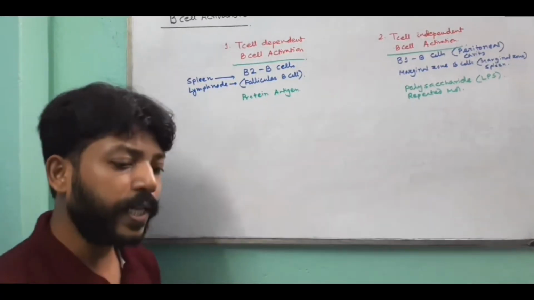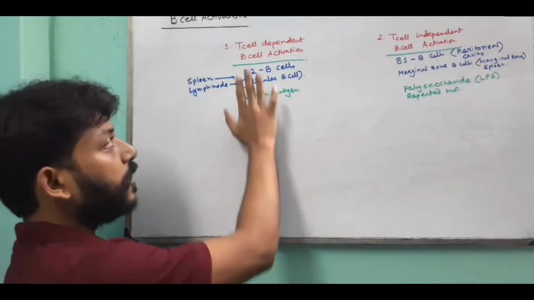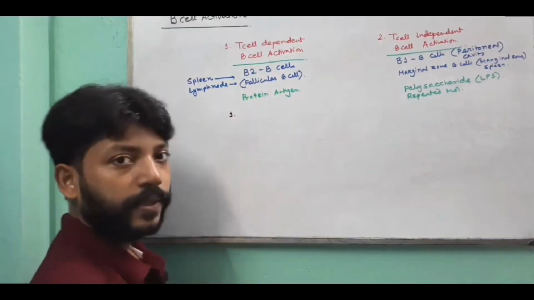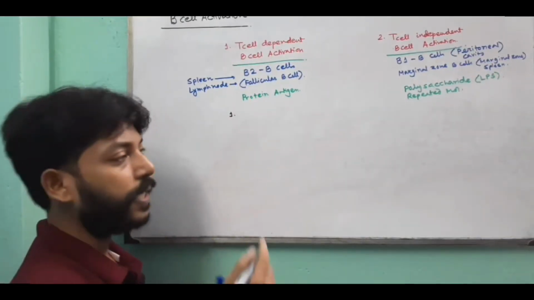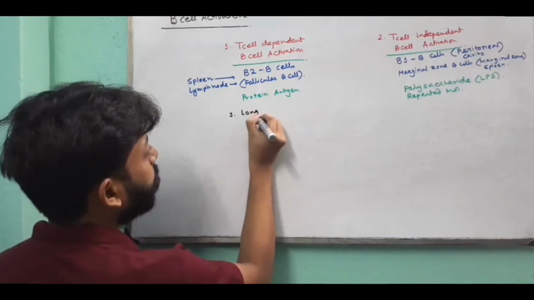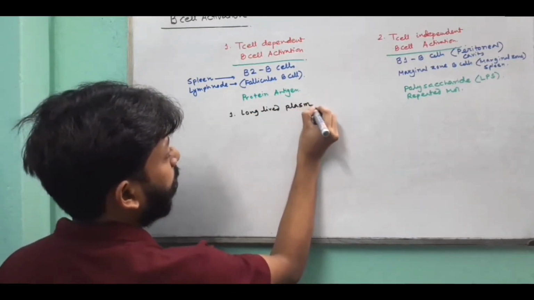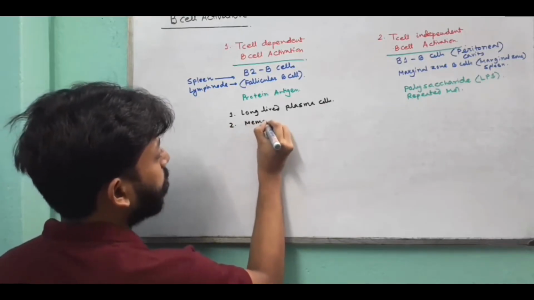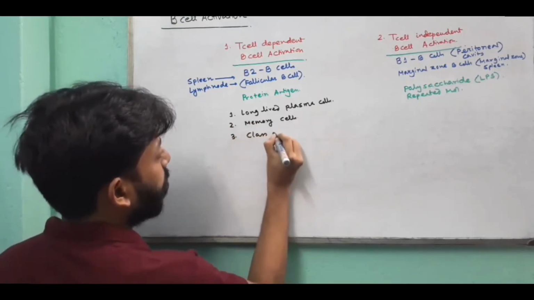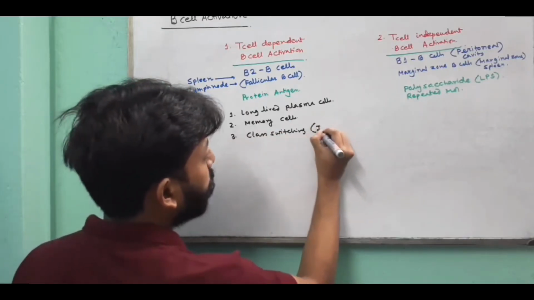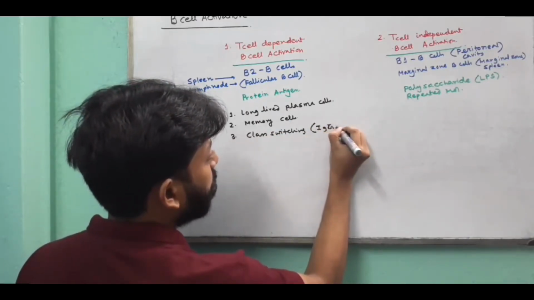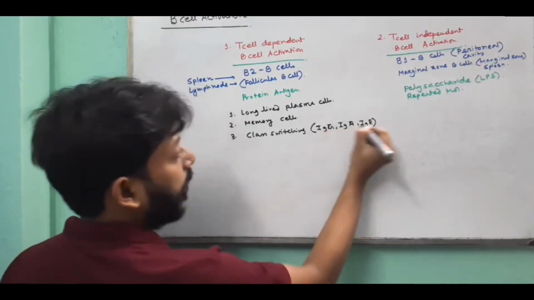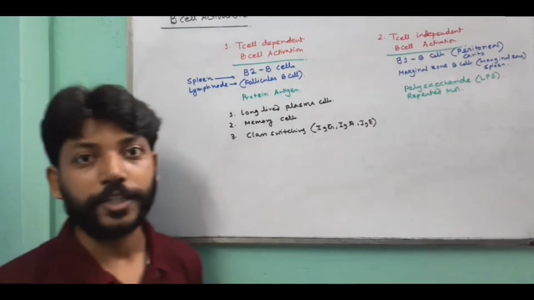Many things occur depending on whether the B cell is activated by a T cell or not. First, when the B cell is activated with the help of T cells, it can become a long-lived plasma cell. Second, they can produce memory cells. Third, they can go through class switching, meaning they can produce different types of antibody: IgG, IgA, IgE, and their subtypes, IgG1, IgG2, IgG3, IgG4.